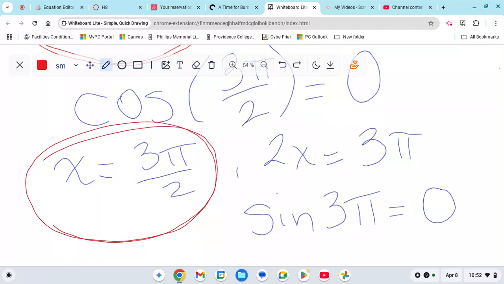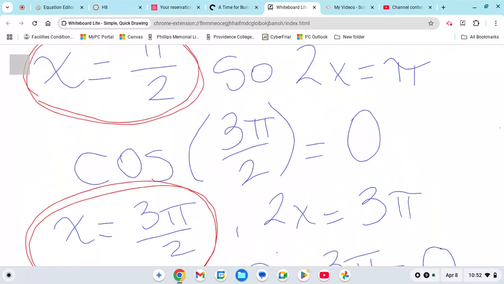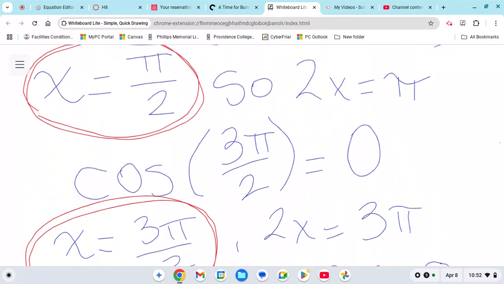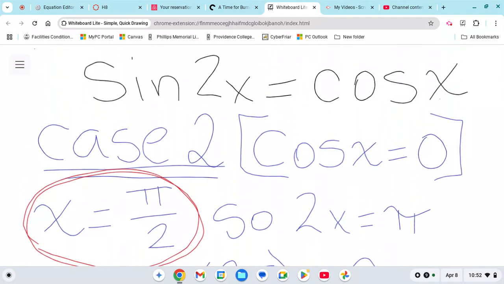We found two values where the cosine of x is 0, and in both cases, 2 times that angle value gave you a sine of 0. So in this case, what you're actually looking at is 0 equals 0. So we found 2 more instances, 2 more possible answers.